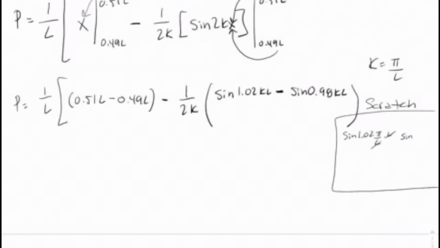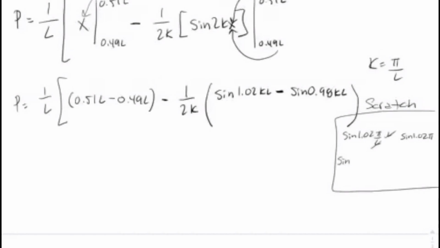We'll just be left with sine of 1.02 pi. And vice versa for the sine of 0.98 kL. Should write pi over L times L. This is going to give us just sine of 0.98 pi. So we eliminate the k value over here by plugging in what our k is.